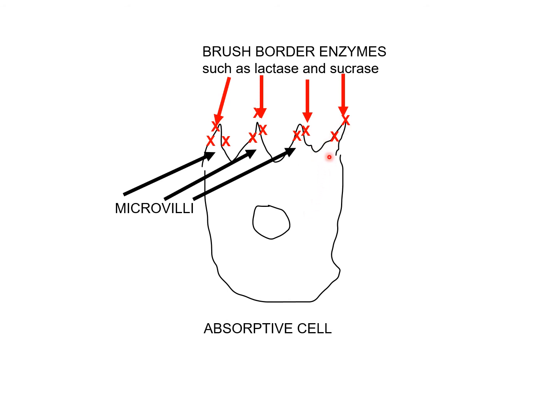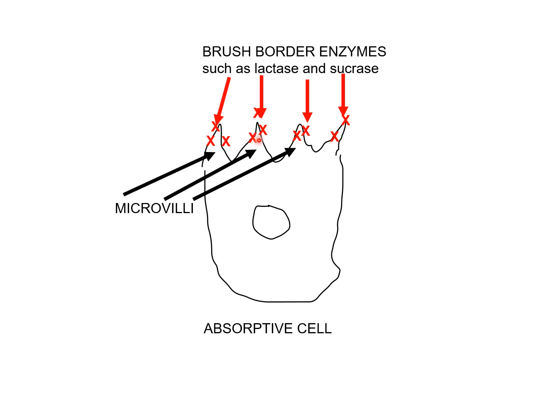cane sugar. Lactase is the enzyme that degrades milk sugar. So milk sugar, lactose, needs to be degraded by lactase before the two components, glucose and galactose, can be absorbed. And so lactase enzyme carries that out.